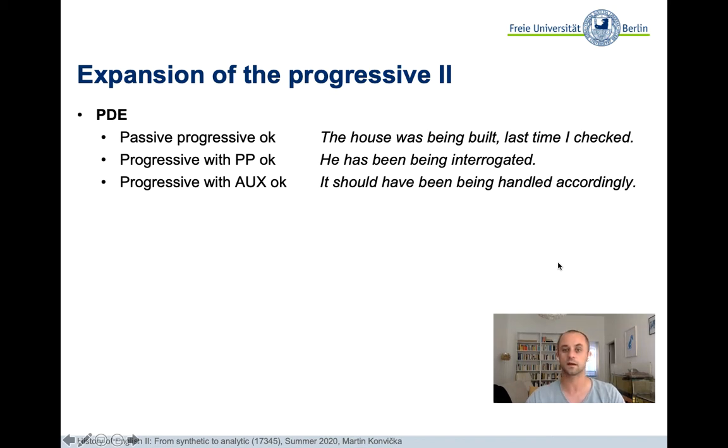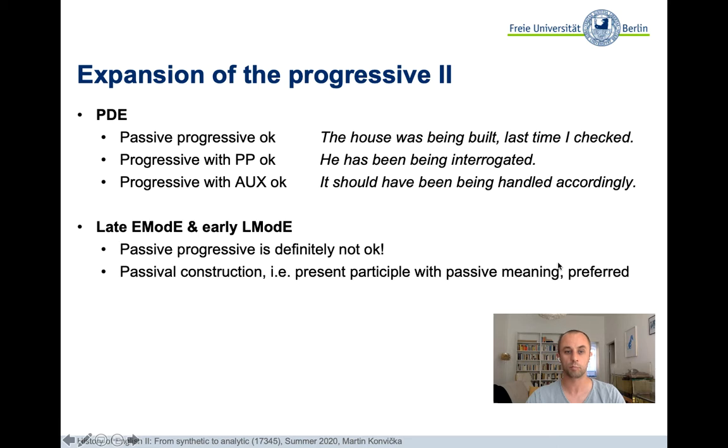All these things are completely okay in present-day English. But in early modern English and late modern English, the passive progressive especially was definitely not okay. So the house was being built was not a viable construction in the beginning of the 19th century.